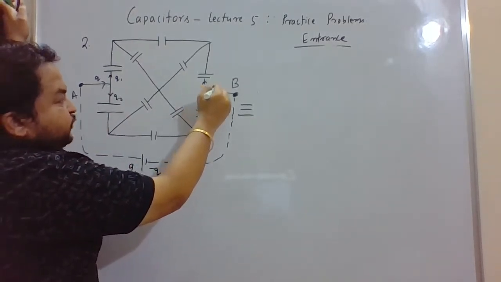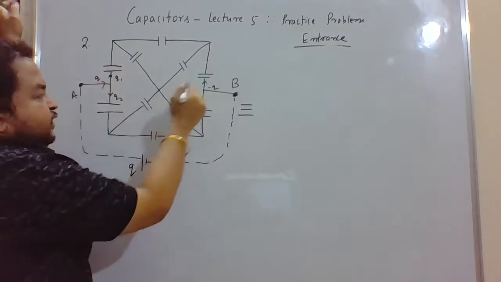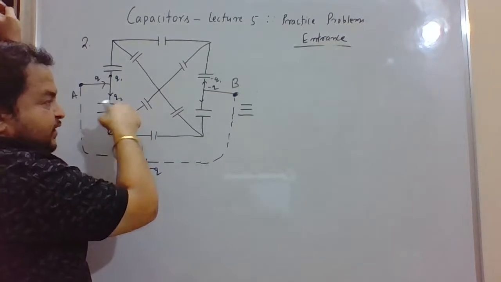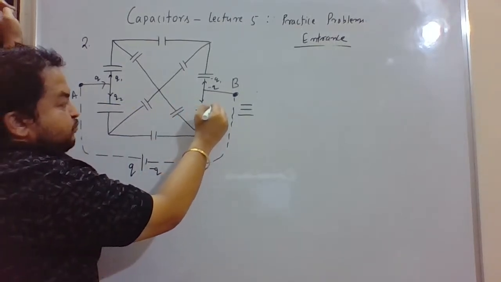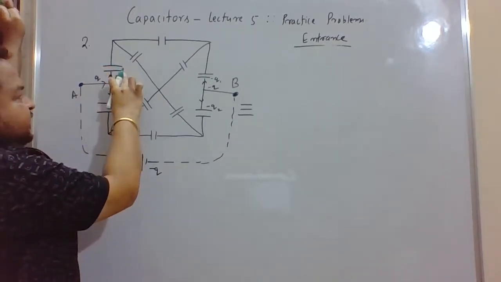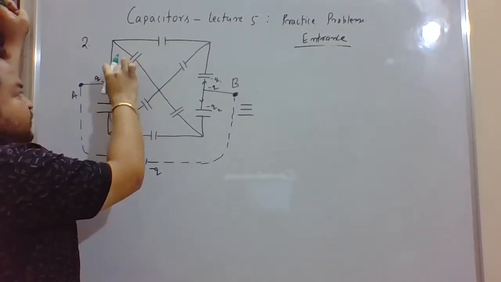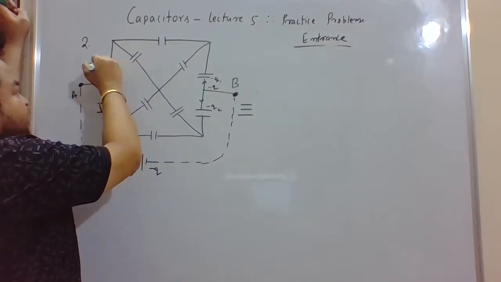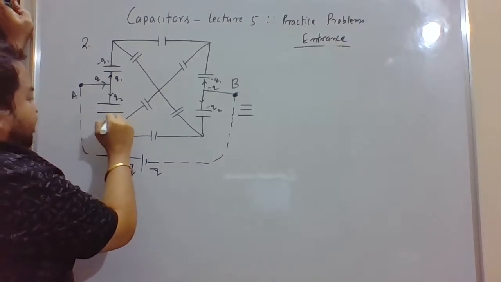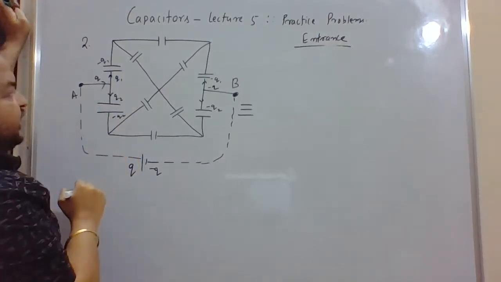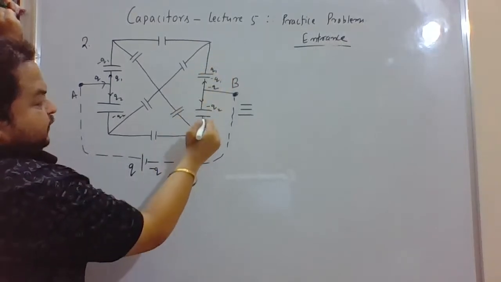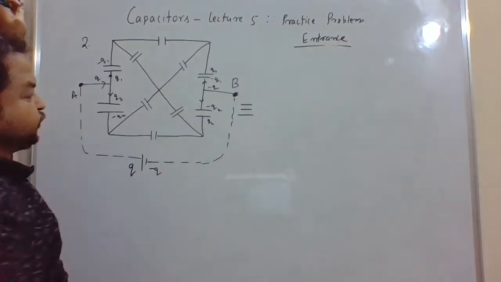Once charge minus Q reaches here, if on this side we have taken plus Q1, then here we'll say minus Q1, and on this side if we have taken minus Q2, then here we'll take minus Q2. Now if this plate has charge Q1, the charge induced on this plate will be minus Q1. The charge on this plate will be minus Q2. Similarly, charge here will be plus Q1 and charge here will be plus Q2.